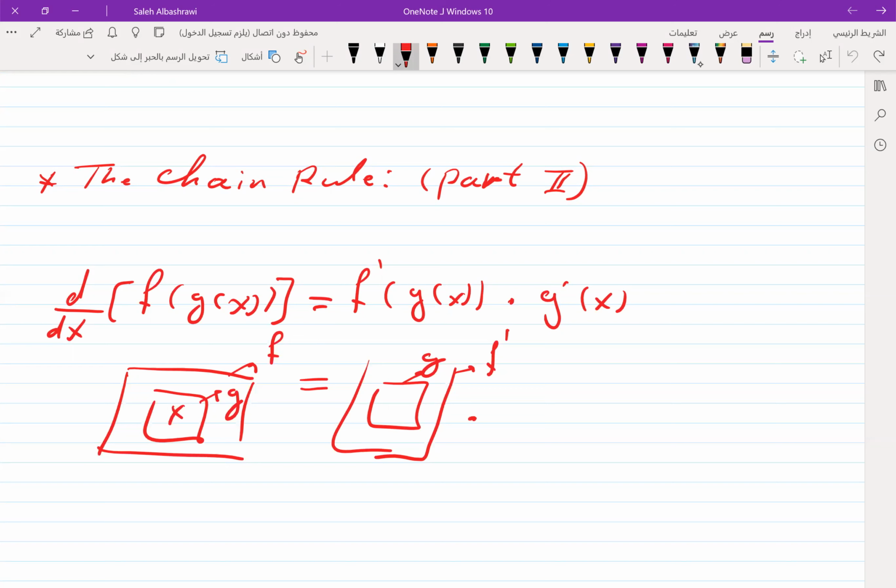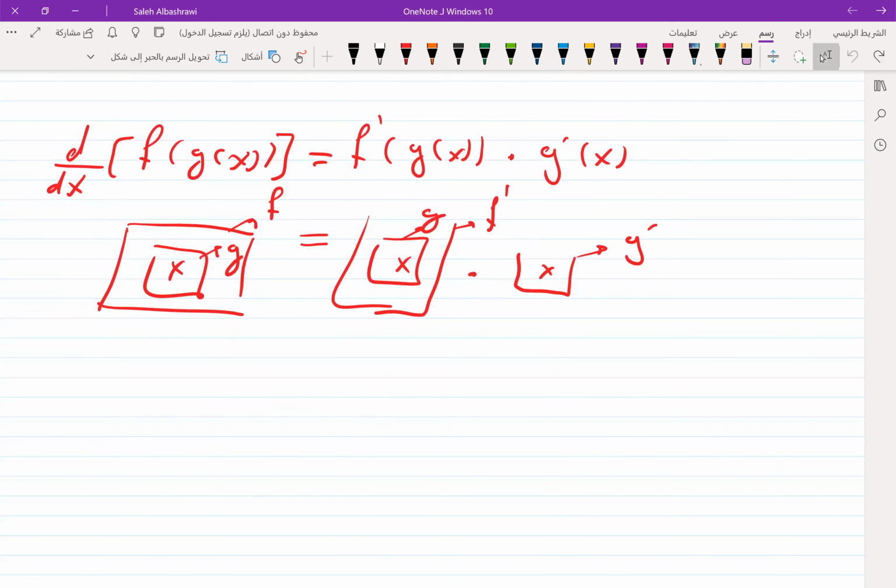Then multiplied by the second function, we open the second one, which is g prime, and keep x inside. So if we need to find the derivative, we find the derivative of the outer function, then go inside, from outside getting inside the composition of the two functions.